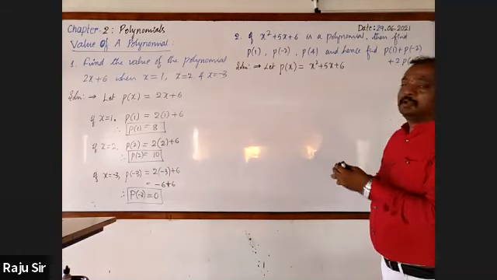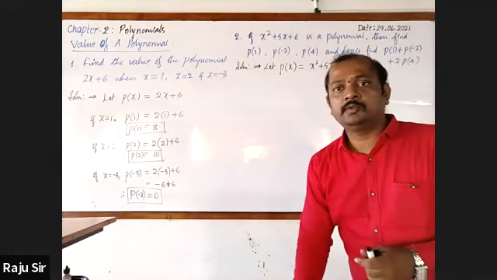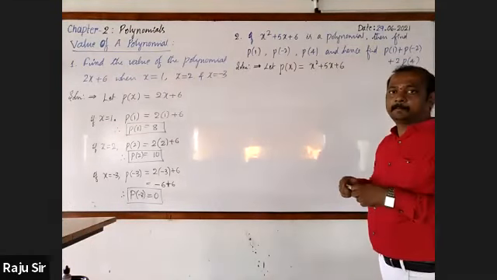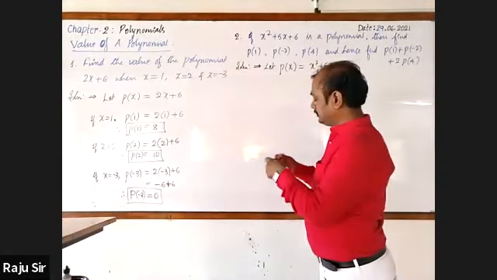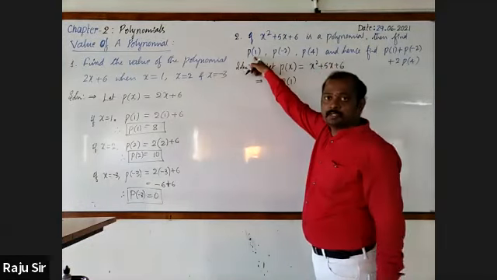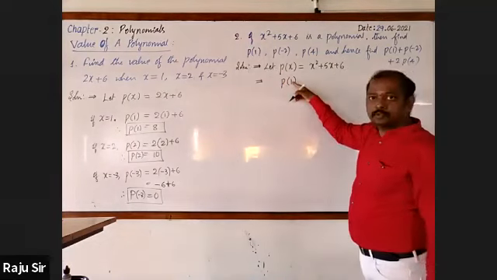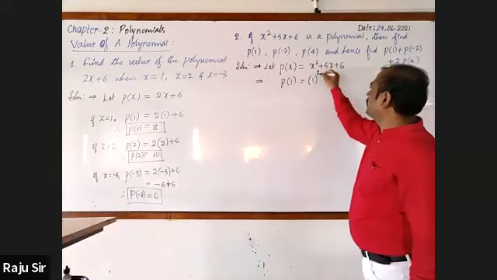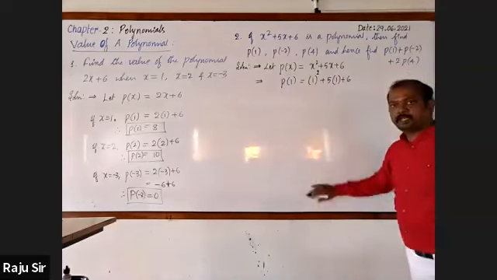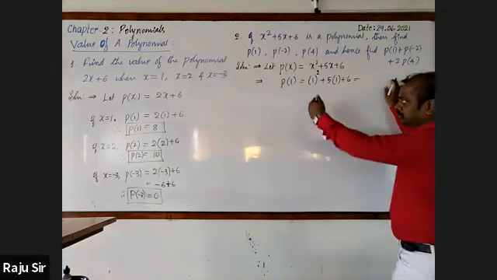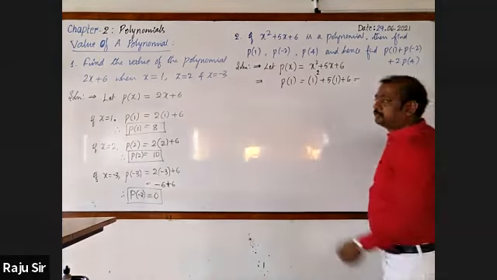You don't need to write when x is equal to 1; directly we will go for finding. First one is P of 1. So substitute 1 in place of x. It is 1 whole square plus 5 into 1 plus 6. I have less space so I am continuing here only, but you have to write the steps one by one.